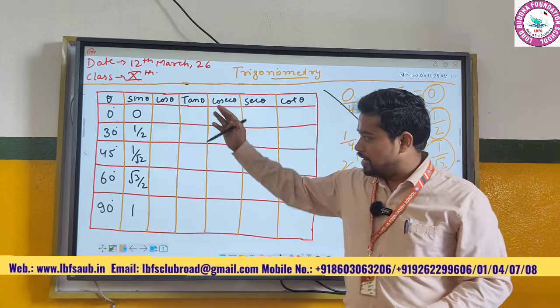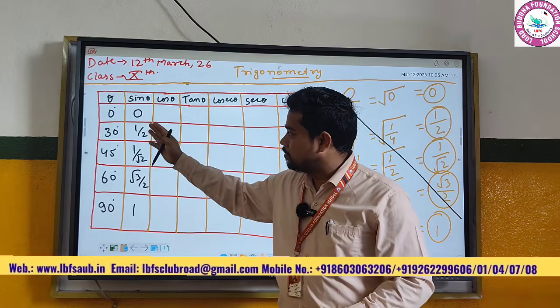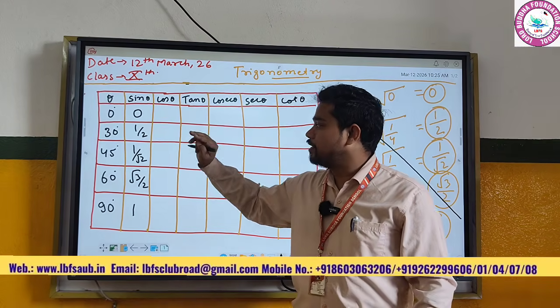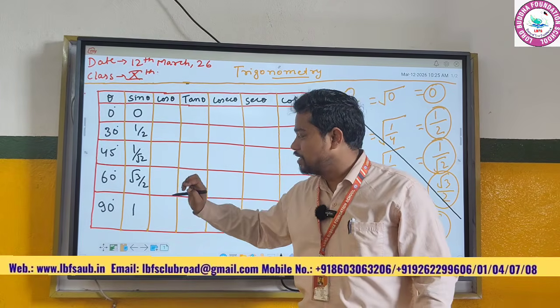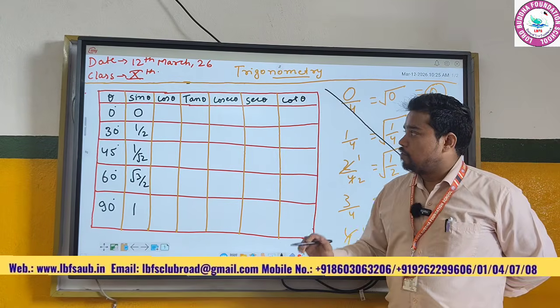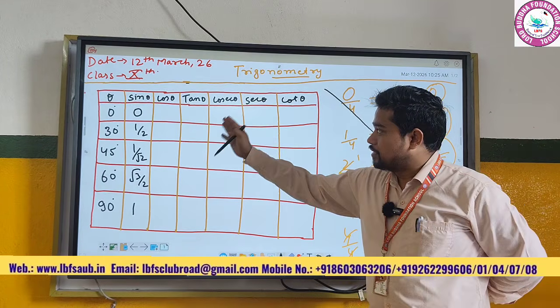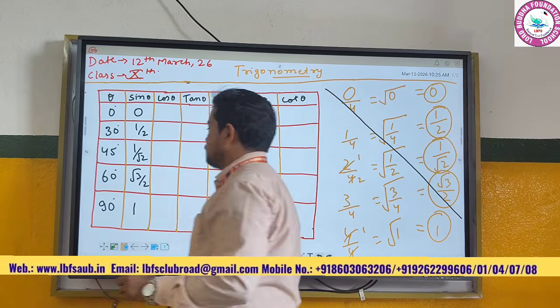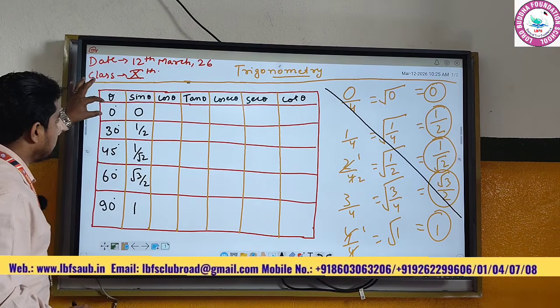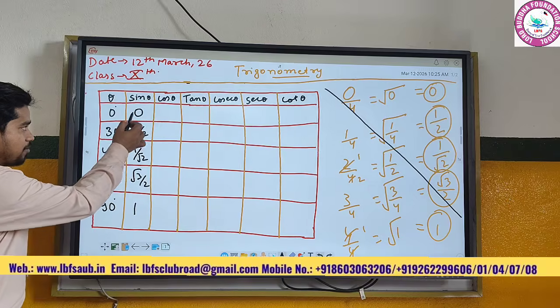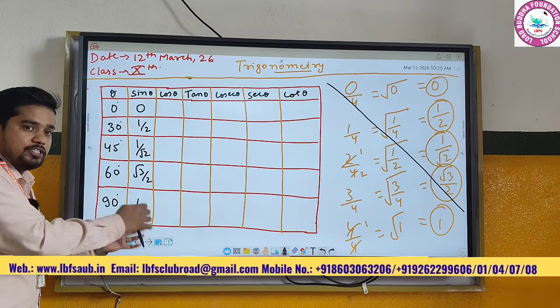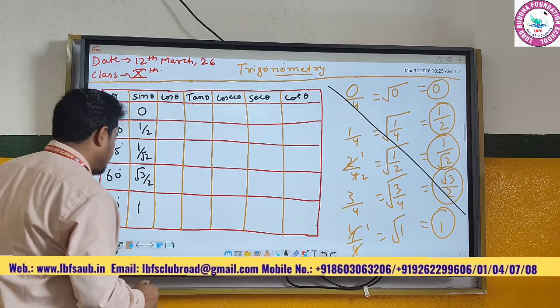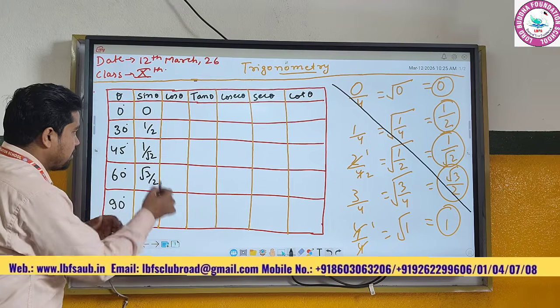Now we have made the values of sine theta: sine 0, sine 30, sine 45, sine 60 and sine 90. Now we will make cos, tan, cosec, sec and cot. How can you make it? From the values of sine, you can take the reciprocal, that is, the order will be reversed.